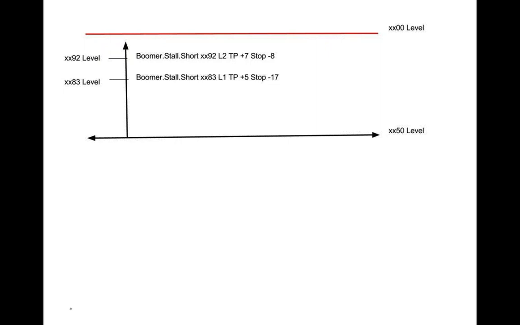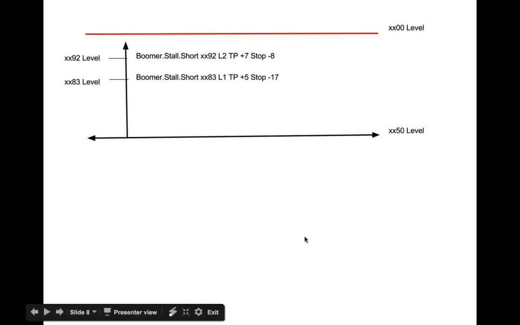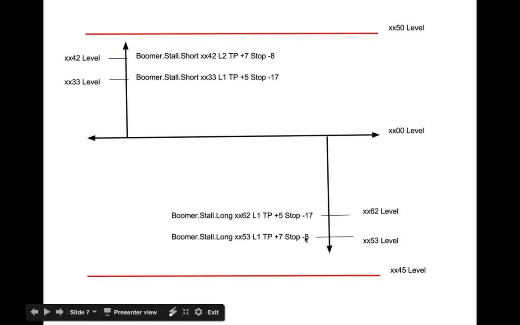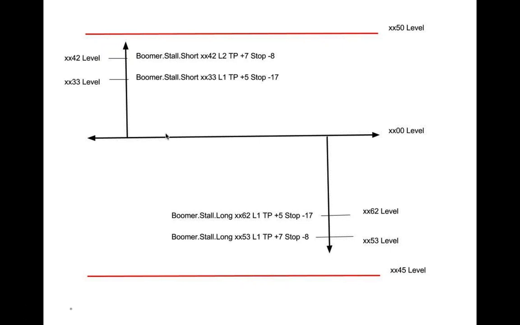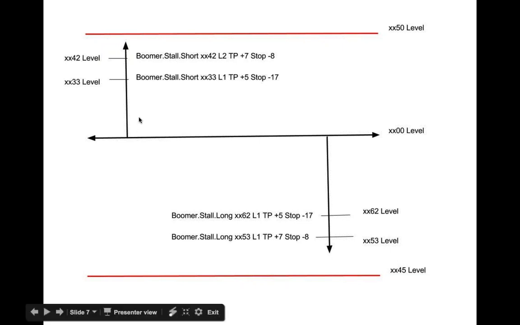Let's go back to the OO level. Let's imagine this is a euro dollar or pound dollar. Let's say there's pound dollar news, and pound starts at around 62. There's super good news and the pound blows through the OO level. So the news has been absorbed, and it's trading above the OO level.